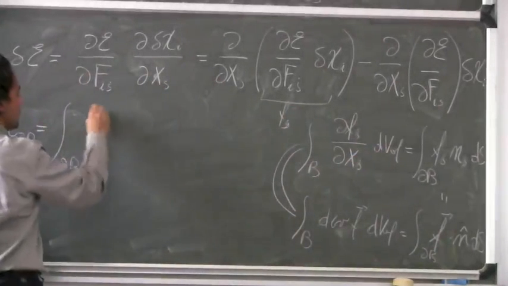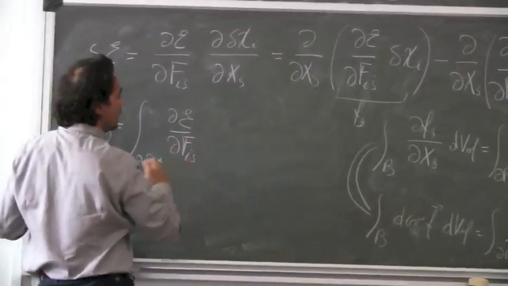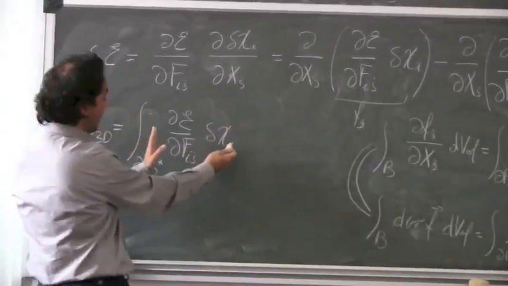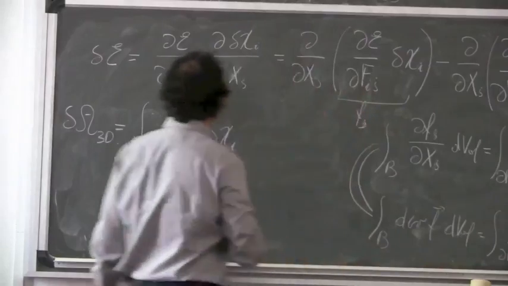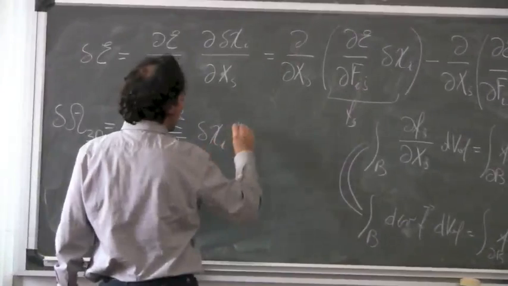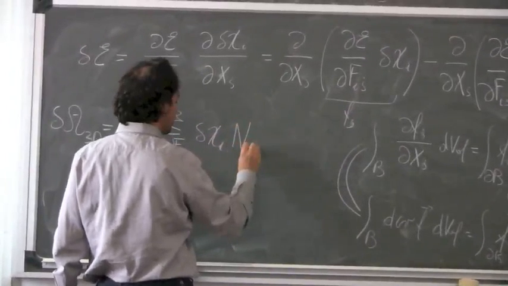This is equal to the derivative of E with respect to Fij delta xi, that is our fj, multiplied by nj. I call this N with a capital letter.